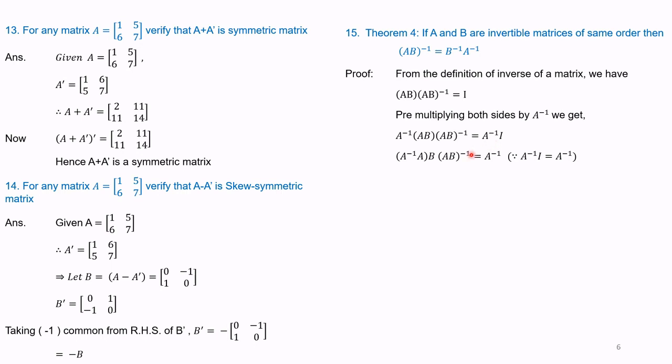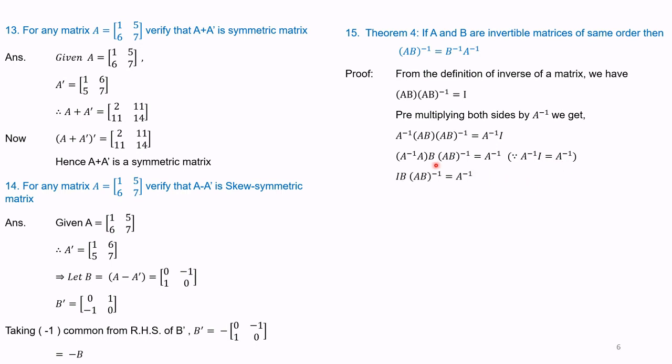Therefore, we get (A^-1 A) B (AB)^-1, multiplying A^-1 into A within brackets, with B outside the bracket, and (AB)^-1 as it is, equal to A^-1. Because we know A^-1 into I is equal to A^-1.